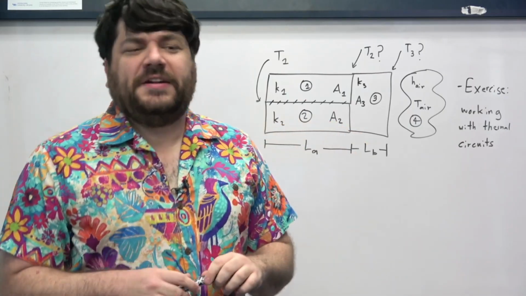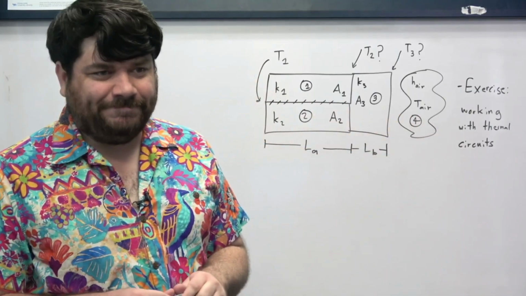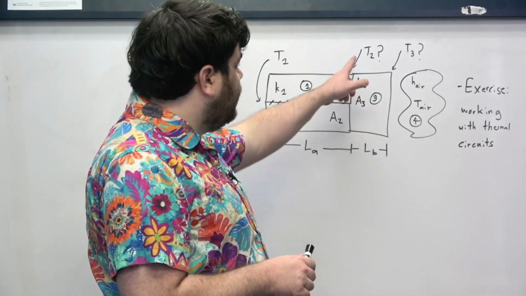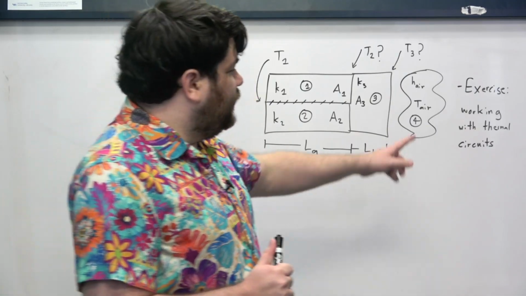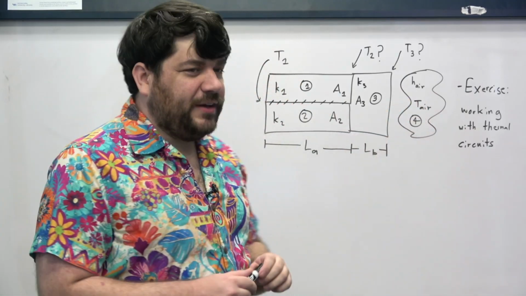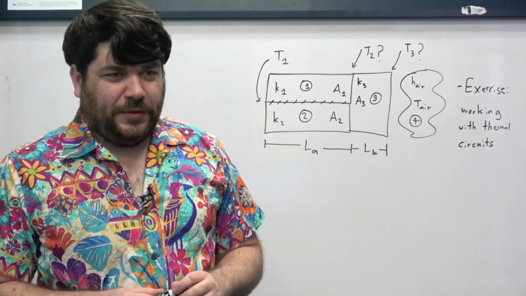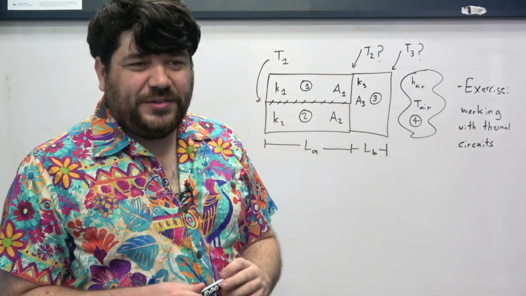And so now we can start asking ourselves some questions. If we know what these variables are, or at least if we know some of them, we can ask things like, well, what is the temperature here and here if we know the temperature of the air and the temperature on the left-hand side? How do we find it easily? We can also ask ourselves, what is the heat transfer rate through the system?